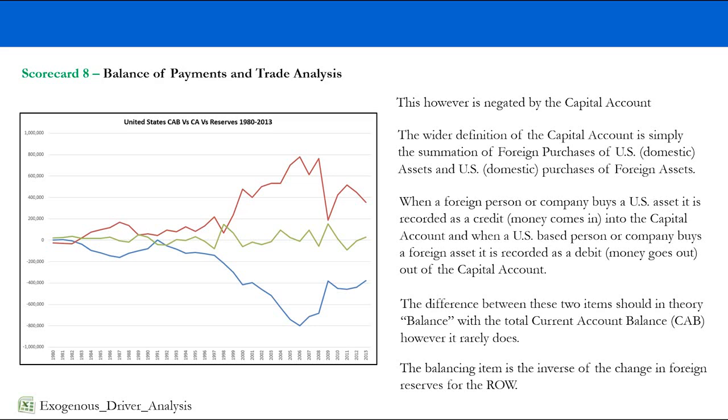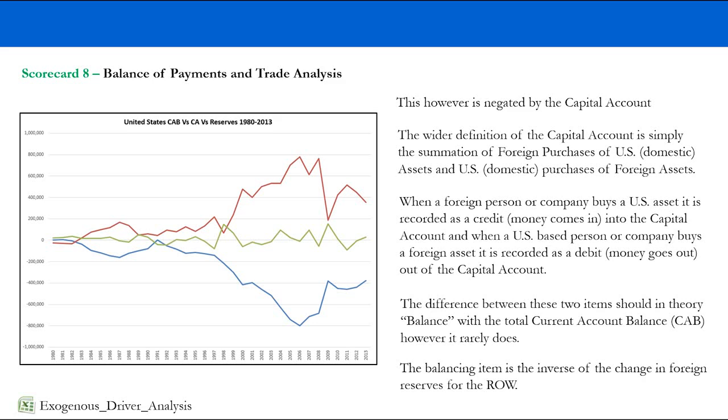Money is coming into the United States and into the capital account. And when a US-based person or company buys a foreign asset, they pay for it with foreign currency reserves, so in the foreign currency, and it's recorded as a debit in the capital account.